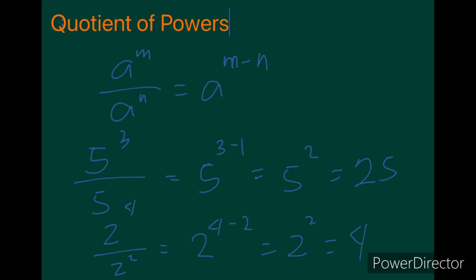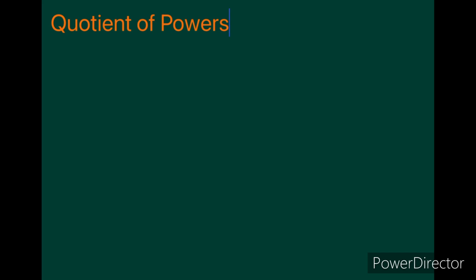Next, another example. How about this one? If you have x raised to 6 over x squared, our base is x, then 6 minus 2 is equal to x raised to 4. So that's how you're going to simplify by using the quotient of powers.